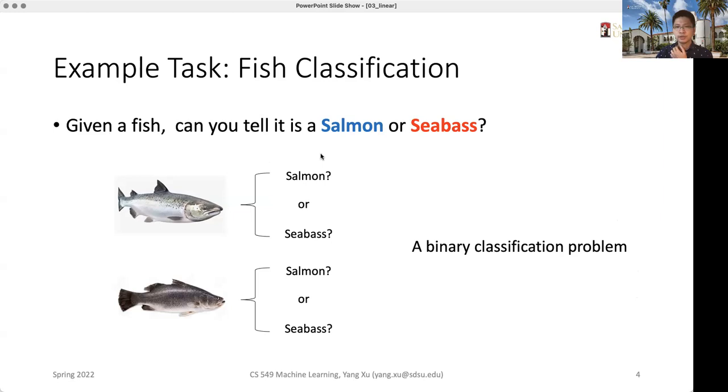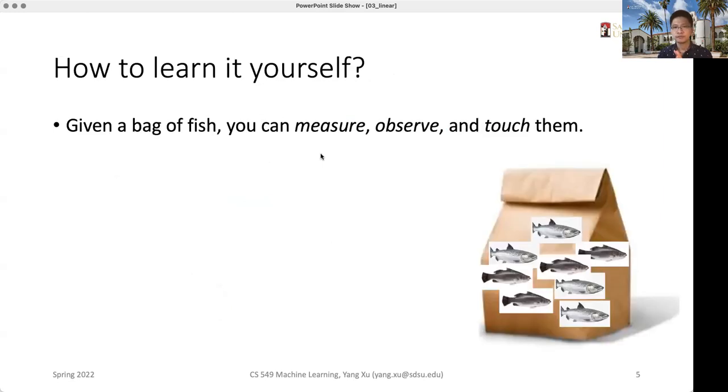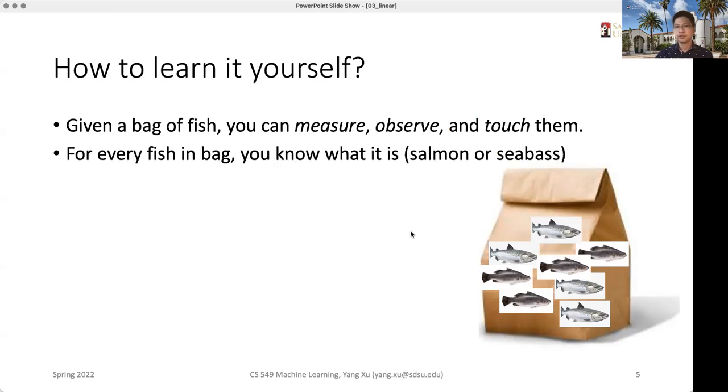So how do we solve the problem if we want to learn it ourselves? Say we're given a bag of fish and we can do whatever we want to it, as long as it gives us information. You can, for example, measure the length of each fish, weigh each fish, smell it, touch it.